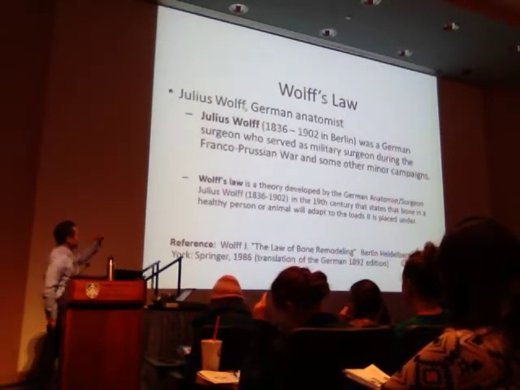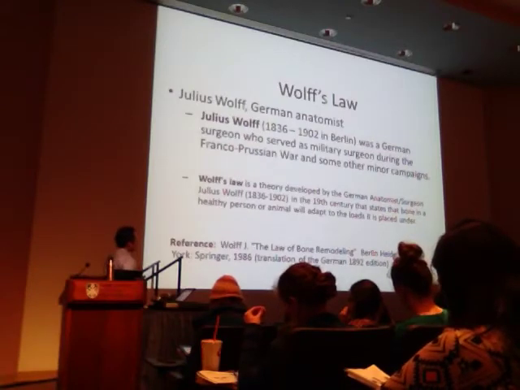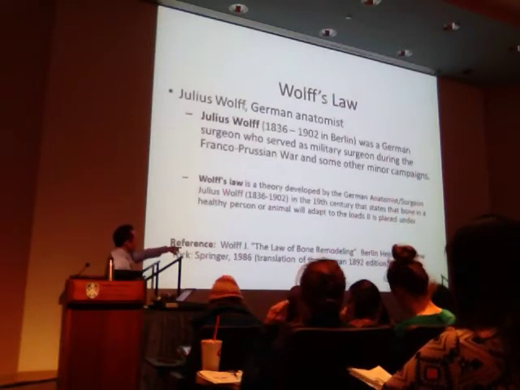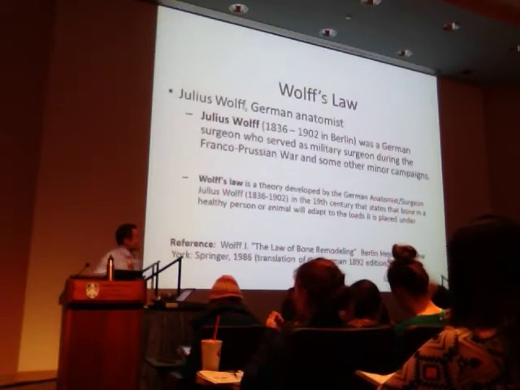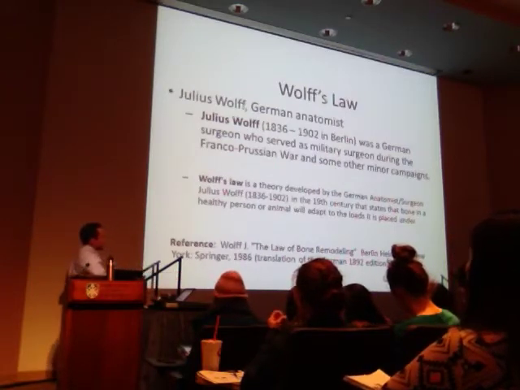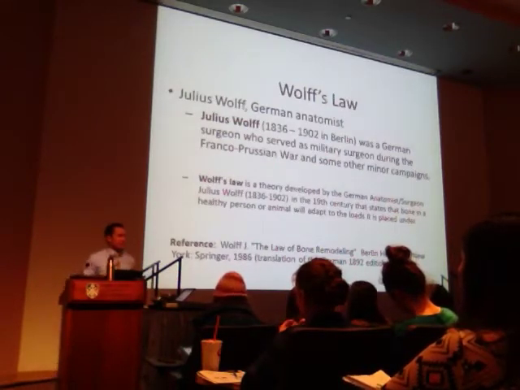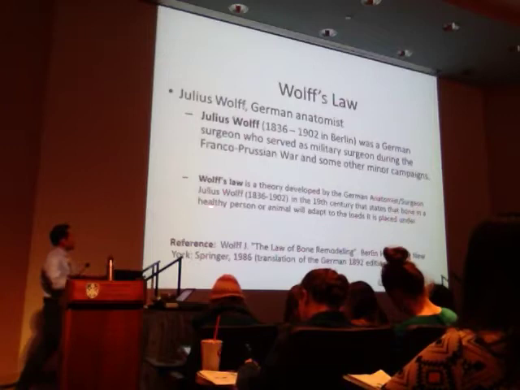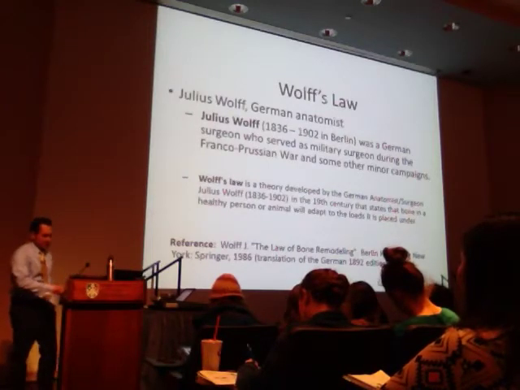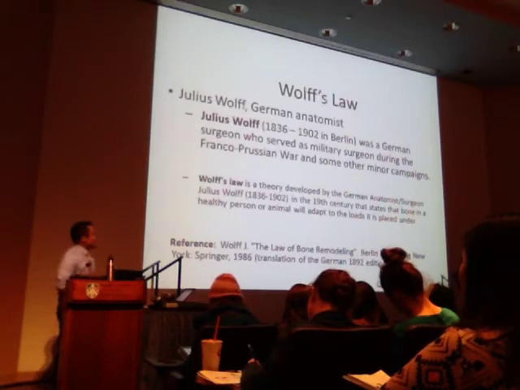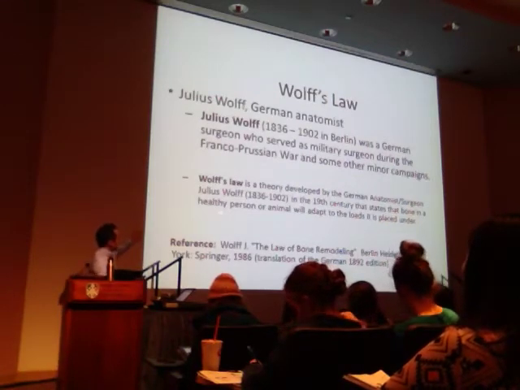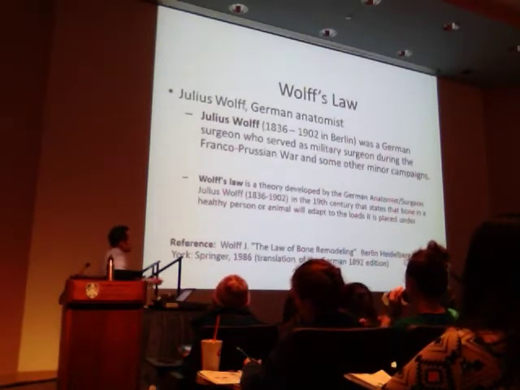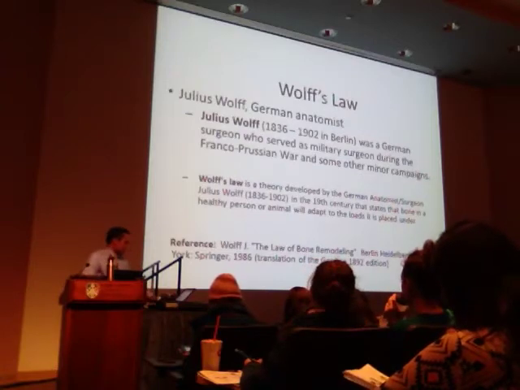And he published his theories, and this theory was translated in 1980 from an original publication in 1892. So 1892 is well before we knew a lot about bones. It's well before we put anybody in space. And he actually was making some theories even about space back in 1892. And so what he was saying is that a healthy person or an animal is going to modify or adapt its bones based on the loads that it's placed under.